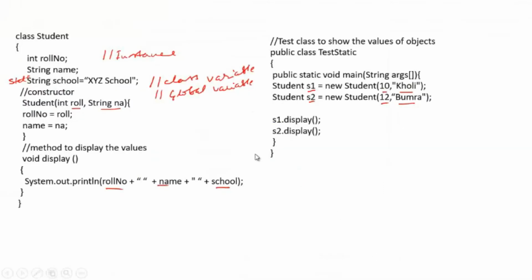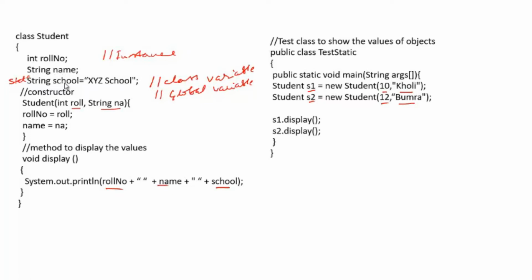Now I think the static variable is clear. When we define a static variable, it remains throughout the whole class. Say you create thousands of objects, the school name is the same, because in a school every student studies in the same school.